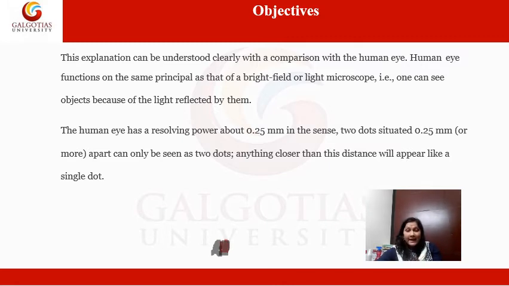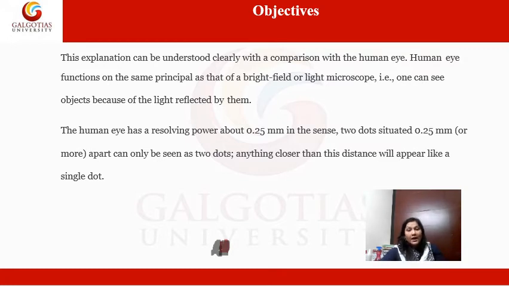So in that case, if we use a microscope that has better resolving power, that microscope will be able to distinguish these two points which are very close to each other, and the microscope will read these two points as two different objects. This is actually the resolution power or the resolving power of the microscope.